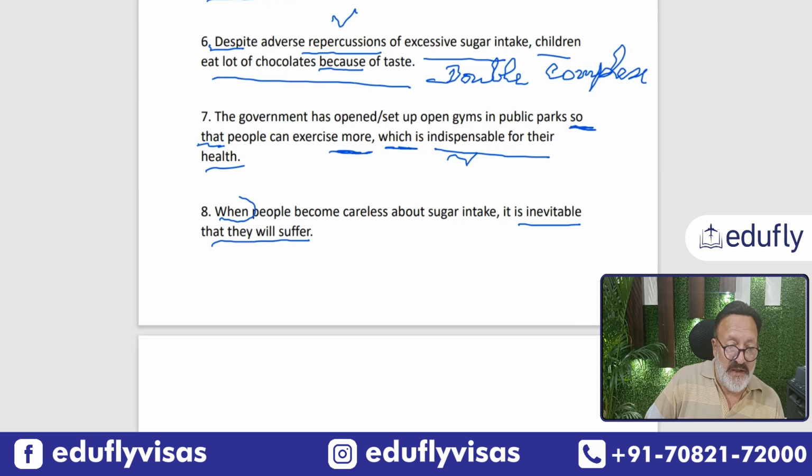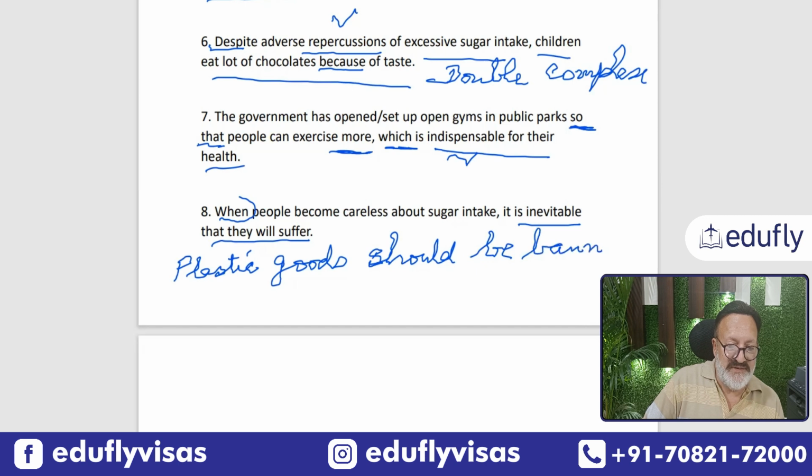So this is: plastic goods should be banned. Now you can write some simple sentences for this and then convert them into complex and compound sentences using the vocabulary.